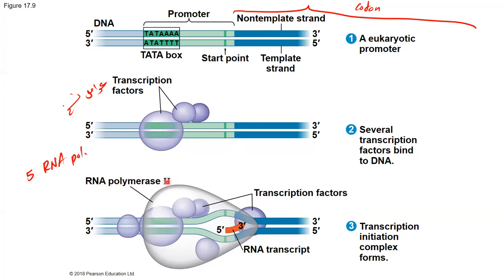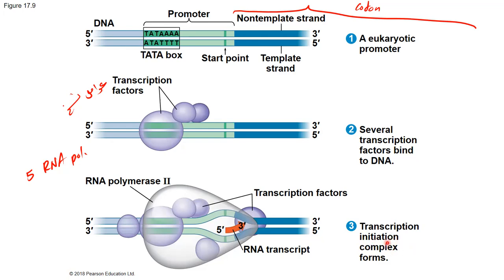Polymerase 2 is responsible for making the mRNA. The RNA polymerase will bind to the promoter after the binding of the transcription factors. And this is what we call the transcription initiation complex.